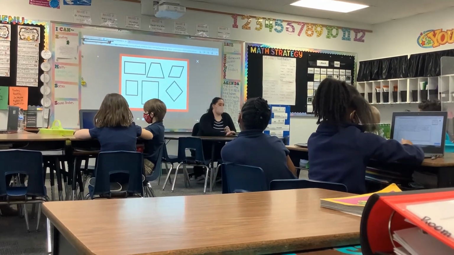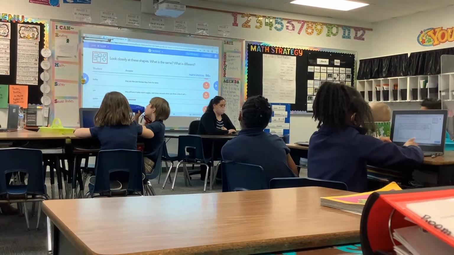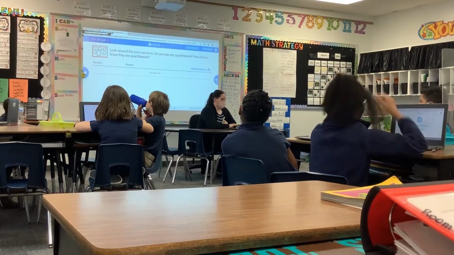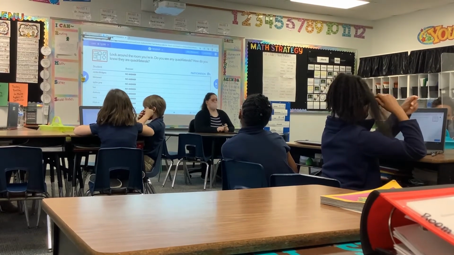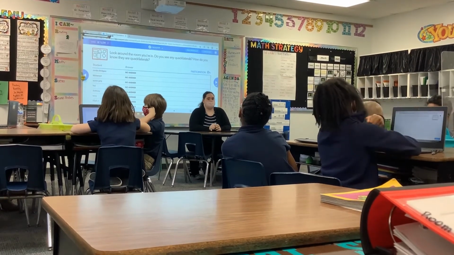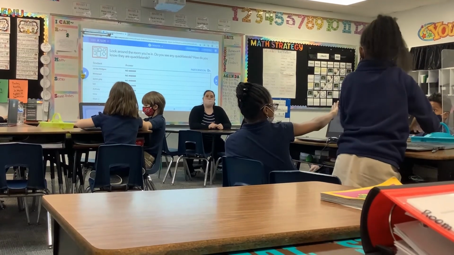You want to look at other things. That's how we'll be able to classify them. Look around the room you're in. Do you see any quadrilaterals? Type one in.